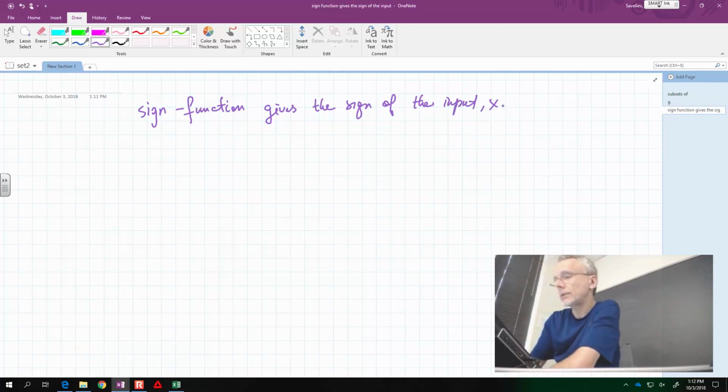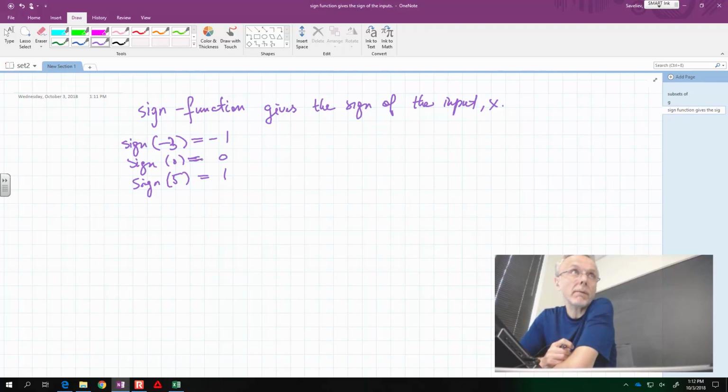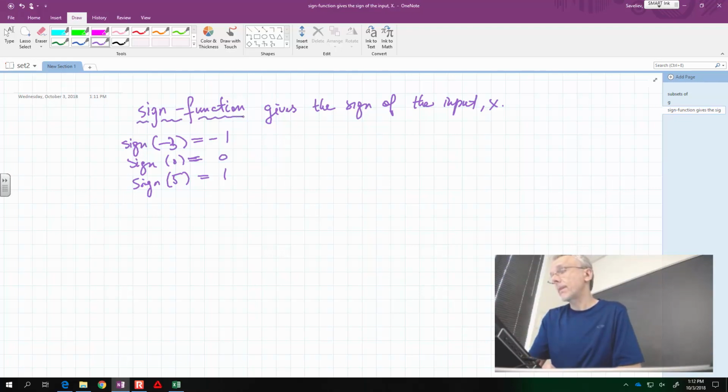So roughly speaking, the sign of -3 is -1, the sign of 0 is equal to 0, and the sign of 5 is equal to 1. So we strip the number of its magnitude and only look at its sign. That's why it's called the sign function. So the idea is clear, I hope.